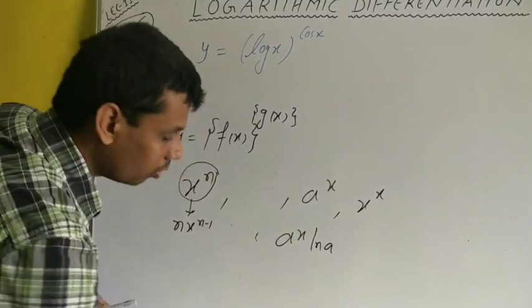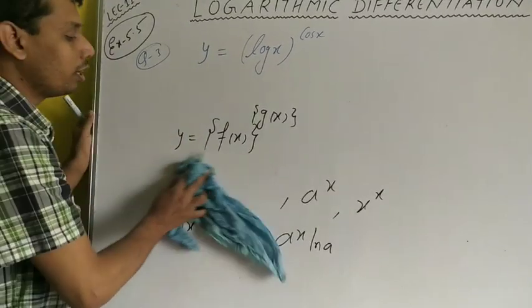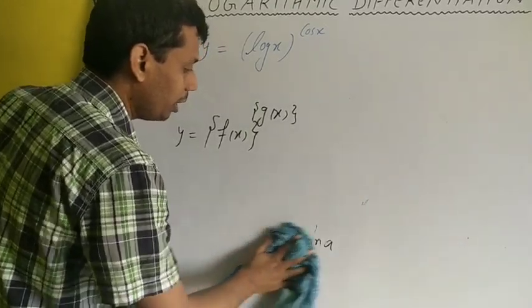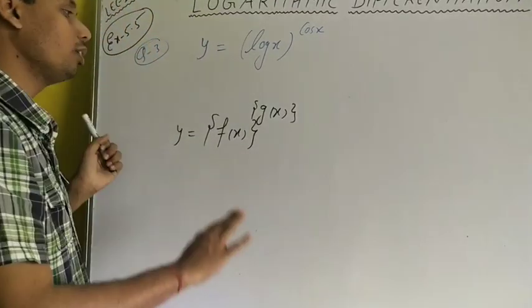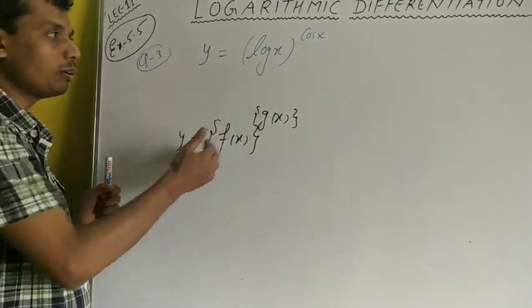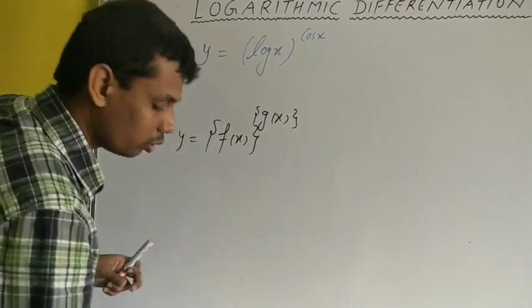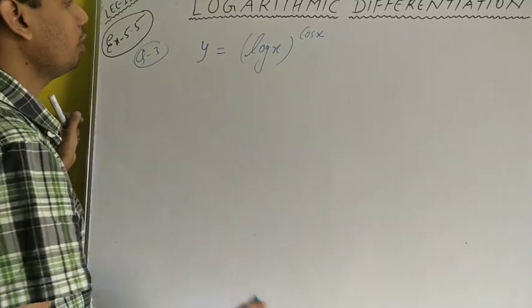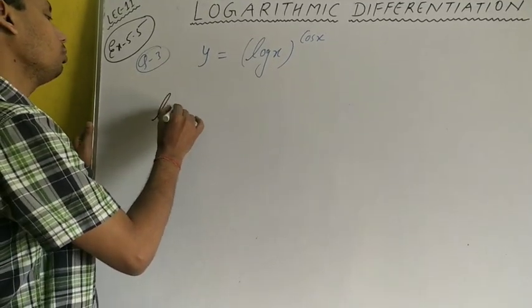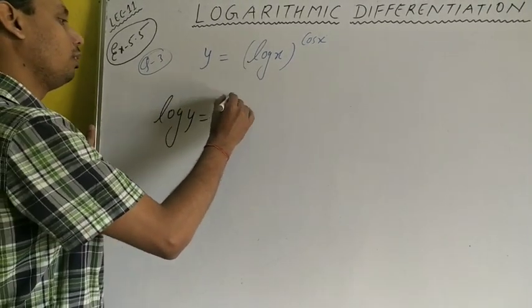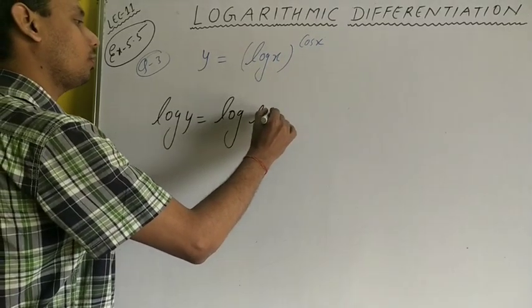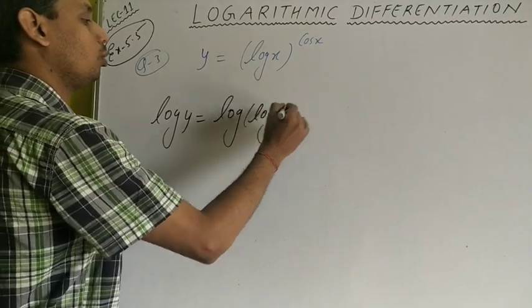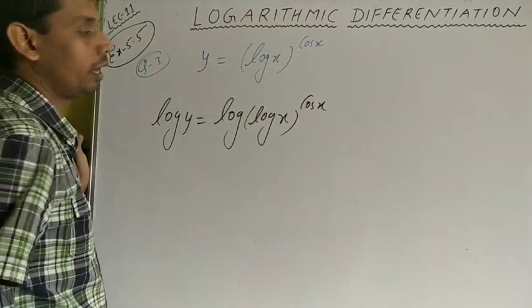So whenever a function is expressed in this manner, that is function to the power function, that is variable to the power variable, you proceed by taking log. That is, log y is equal to log of (log x) to the power cos x.